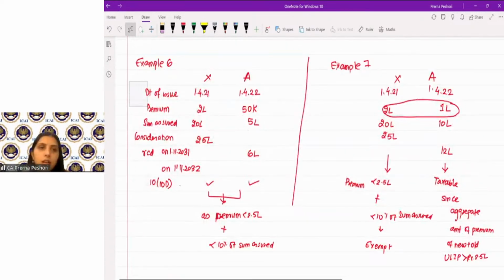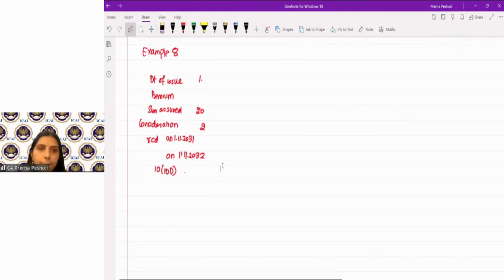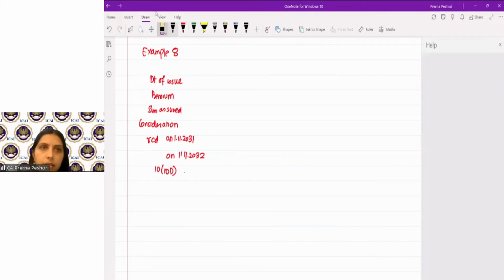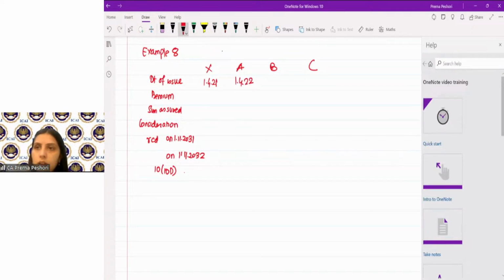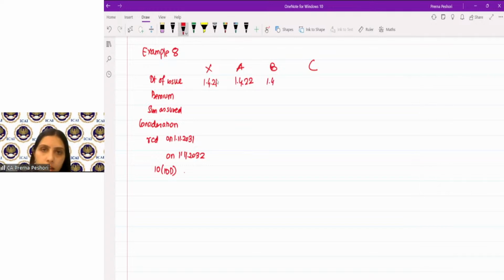Example 8. Now, here, let's assume in example 8 we have 4 ULIPs: X, A, B, and C. This is on 1/4/21, this is 1/4/22, this is 1/4/22 again, and 1/4/22.